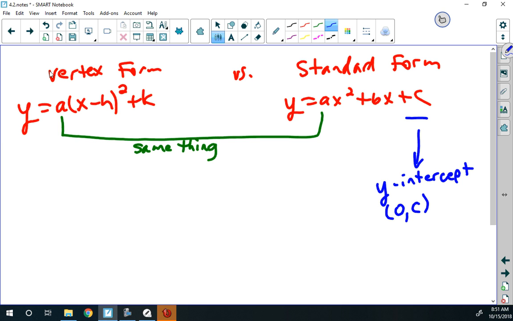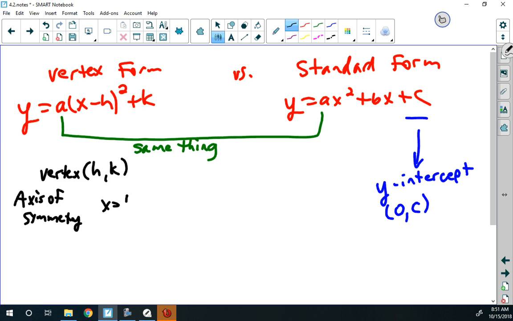From vertex form, we know that our vertex has coordinates h, comma k, and we know that our axis of symmetry is x equals h. But standard form, aside from the a value and the y-intercept, really doesn't tell us much. That's the bad thing about it.